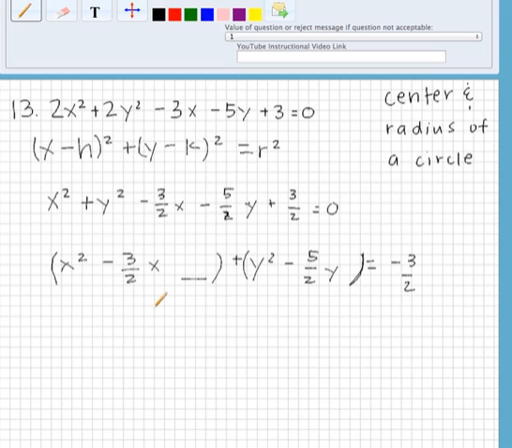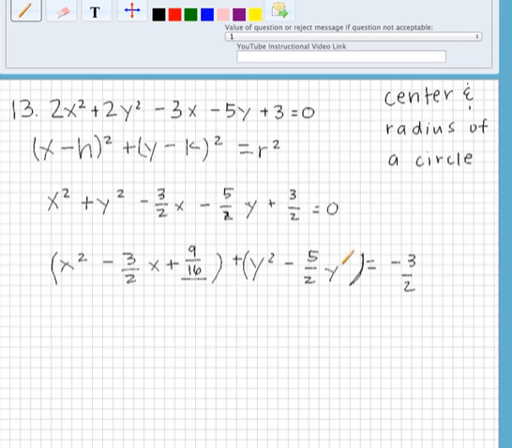When you complete the square, the first thing you want to do is take the coefficient of x and divide it by 2, and then square it. So when you divide 3 halves by 2, it gives you 3/4, and when you square it, you end up with 9/16. So we're going to add that right here, plus 9 over 16.